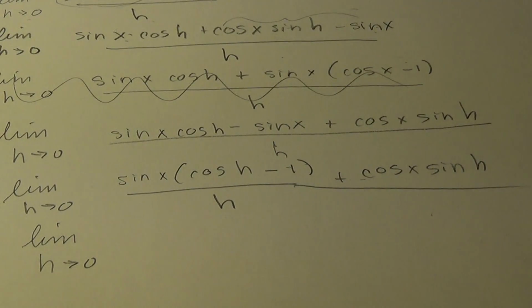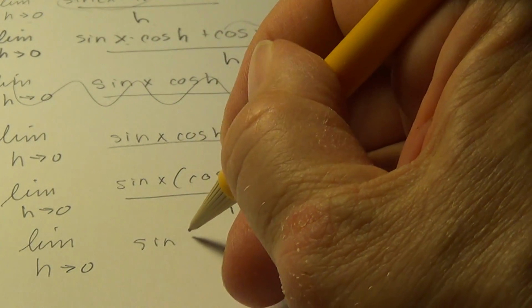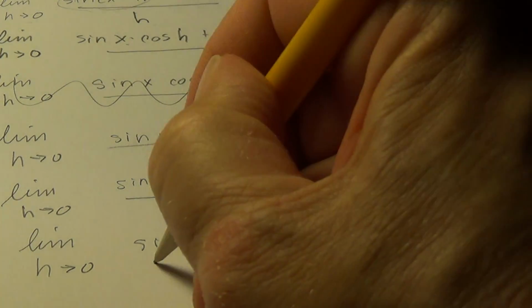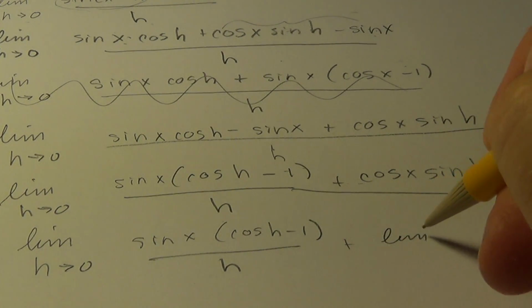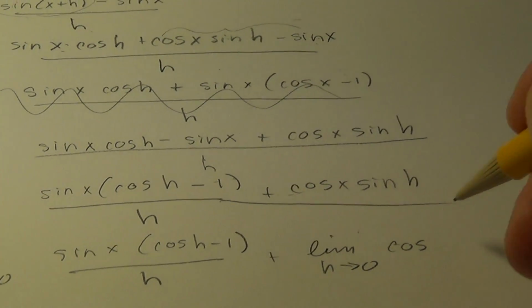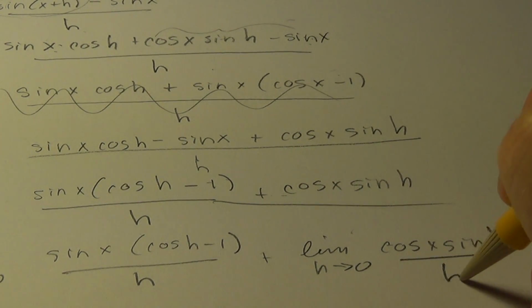So I'm going to take the limit as h approaches 0 of sine x times cosine h minus 1 over h, plus the limit as h approaches 0 of cosine x times sine h over h.